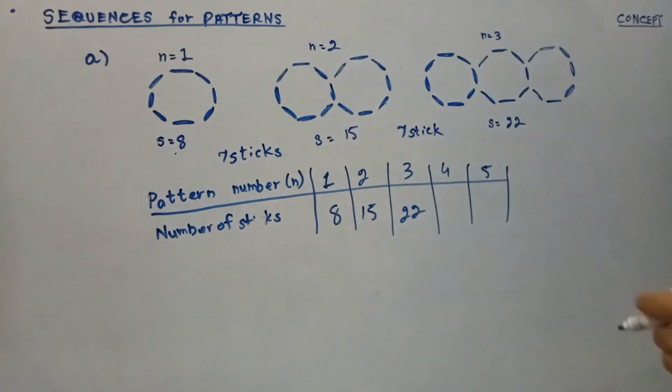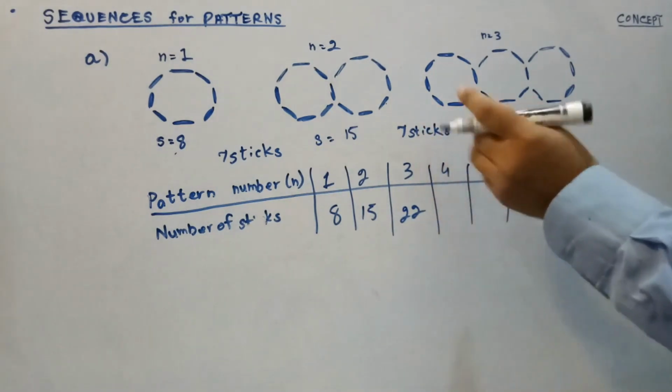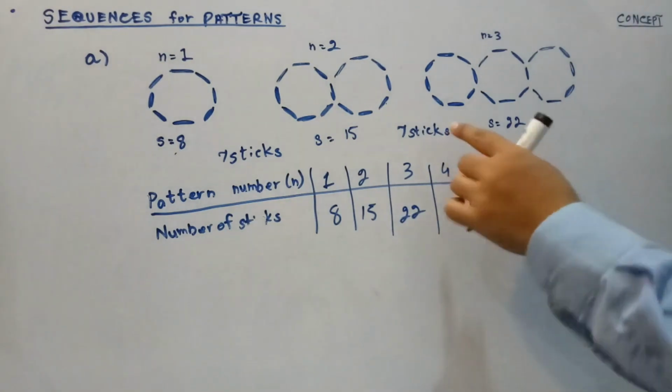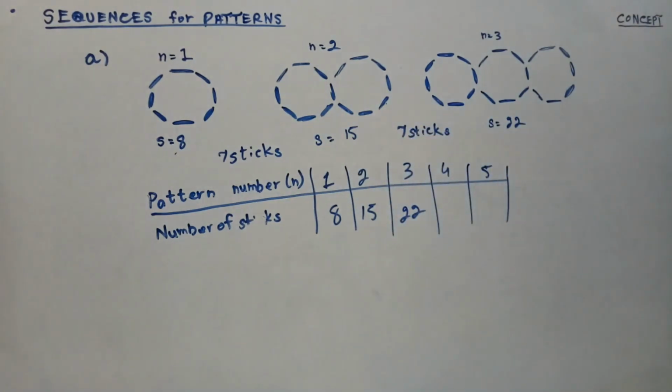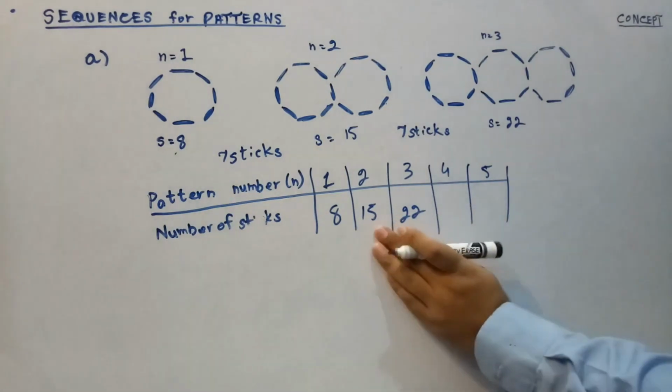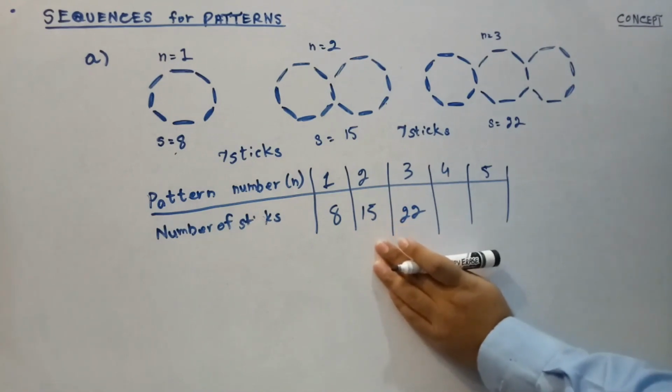So that's what I mean, that we can say it is a regular pattern. The number of sticks is increasing in a regular way. There is a gap of 7 sticks. After every position, after every pattern, 7 sticks are added. So if we have 8 sticks and I add 7, I will get our next pattern which has 15 sticks.